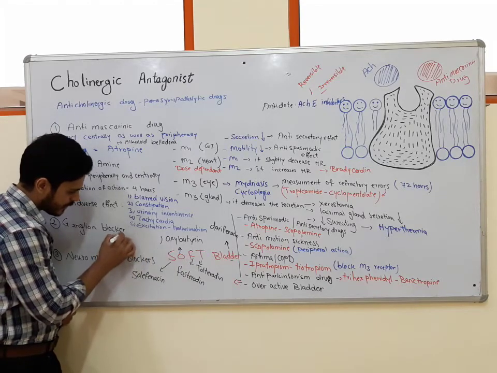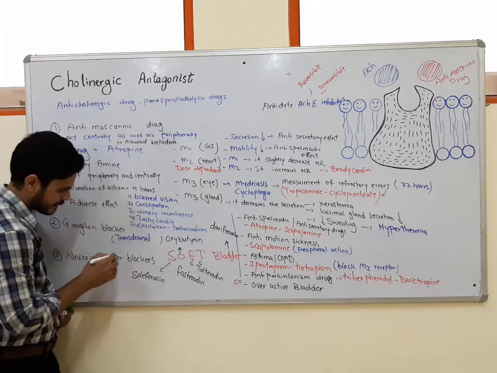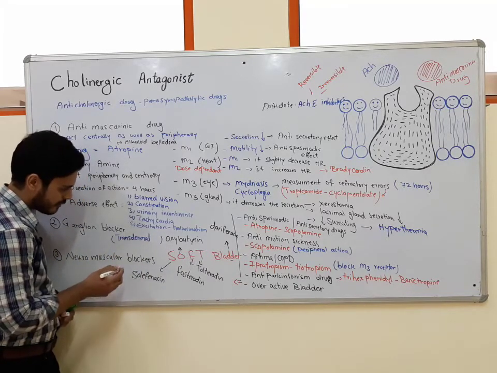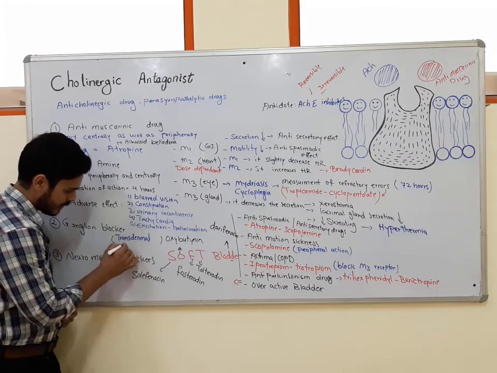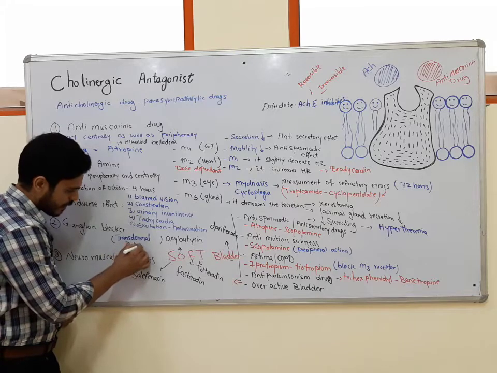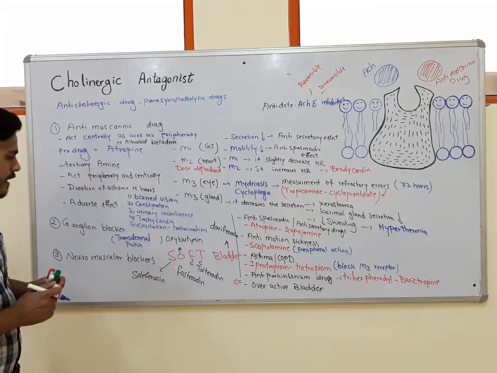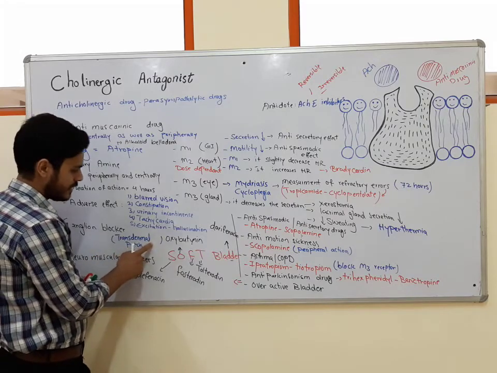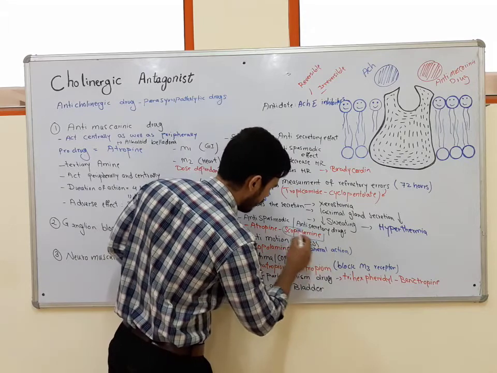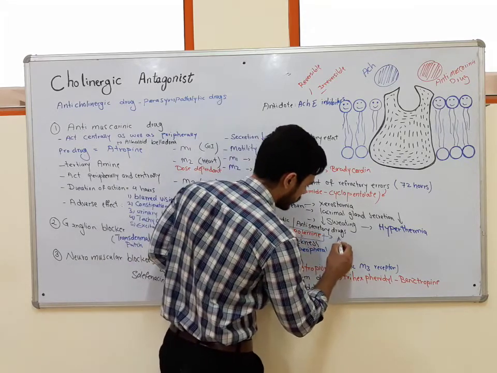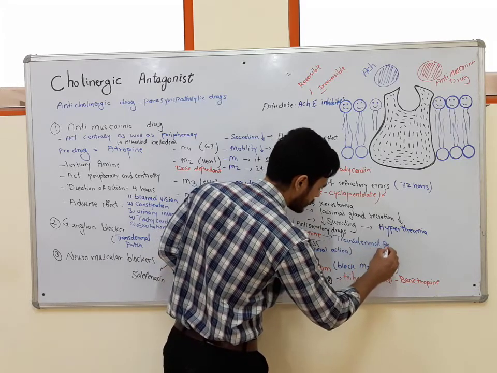By giving transdermal patch, the dry mouth decreases. Another drug in anticholinergic drugs which has this type of formulation, I mean transdermal patch, is scopolamine. We have scopolamine as transdermal patch also.